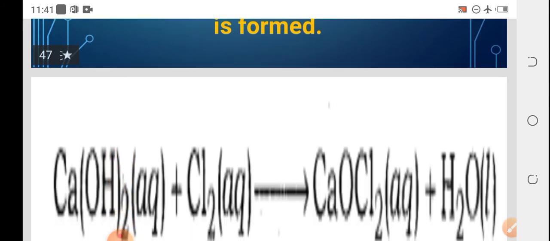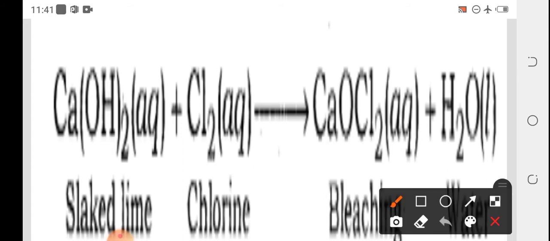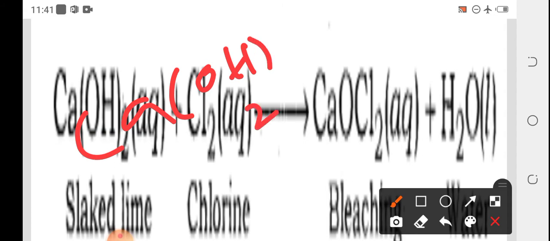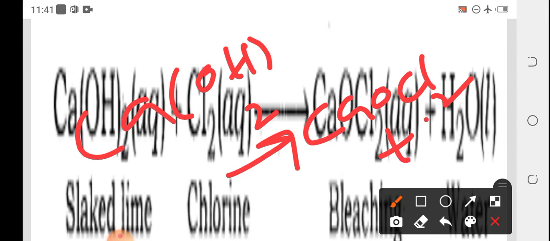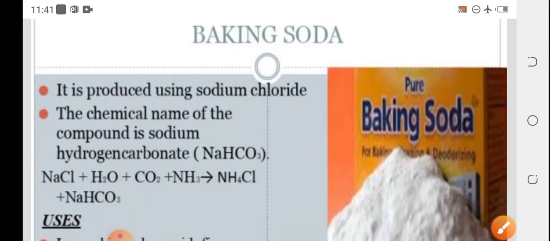You can see the formula here: Ca(OH)2 plus Cl2 gives CaOCl2 plus H2O. So this is about bleaching powder.